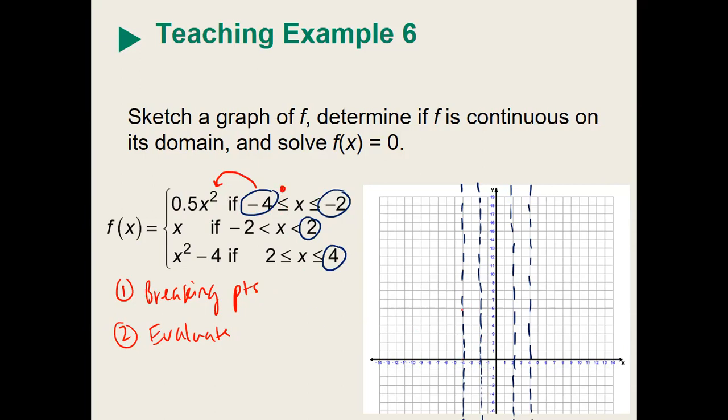I go to -4, go to 8, and put a closed circle. Now at -2, if I substitute -2 in, what is -2 squared? 4. What's half of 4? 2. So at -2, again, it's equal, so it's a closed circle. I go to -2, 2. Bam. And then you connect.